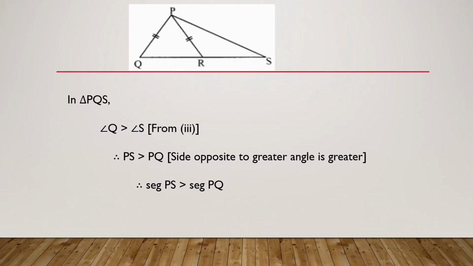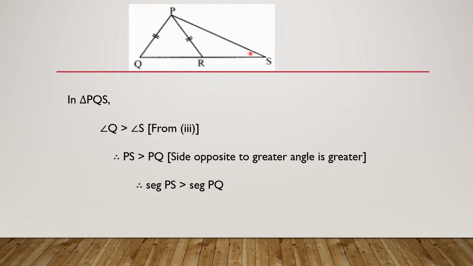In triangle PQS, angle Q greater than angle S from equation 3. And therefore, by the properties of inequalities of sides and angles of a triangle, side opposite to greater angle is greater. In this figure, angle Q is the greater angle and angle S is the smaller angle.